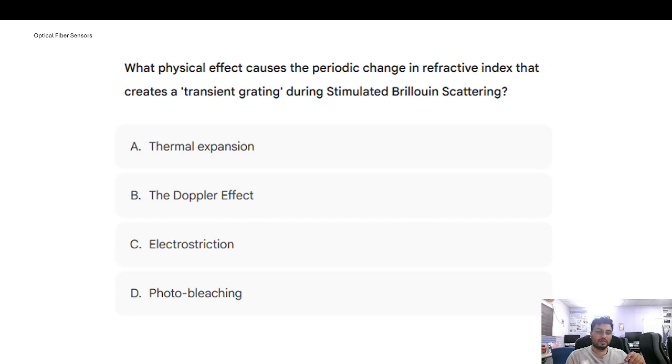What physical effect causes the periodic changes in the refractive index that create a transient grating during stimulated Brillouin scattering? Option A, thermal expansion; B, the Doppler effect; C, electrostriction; D, photobleaching.